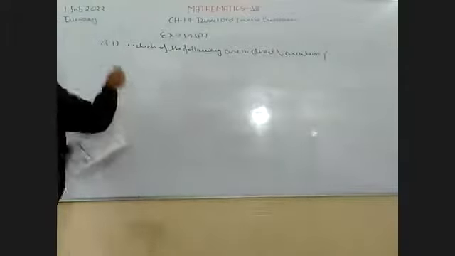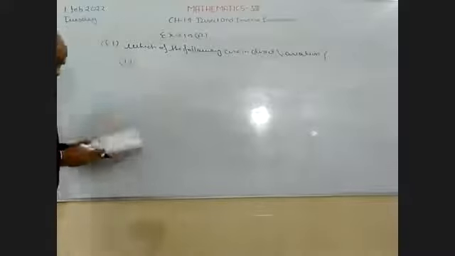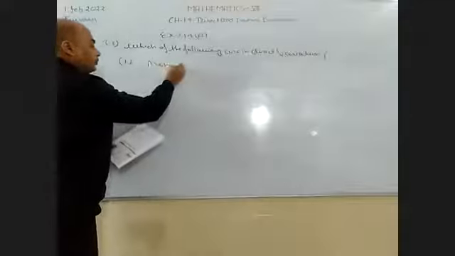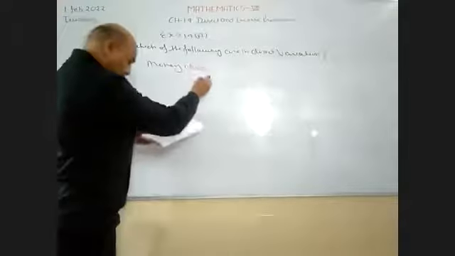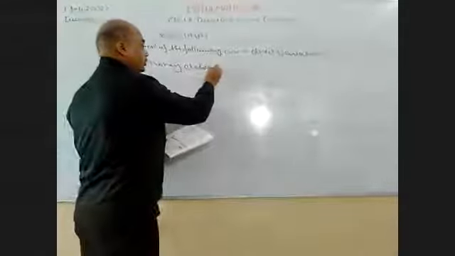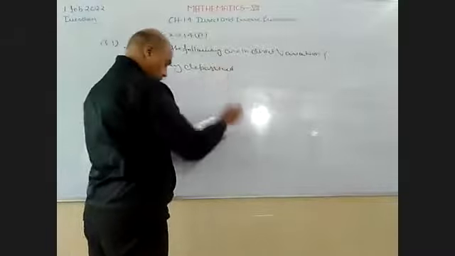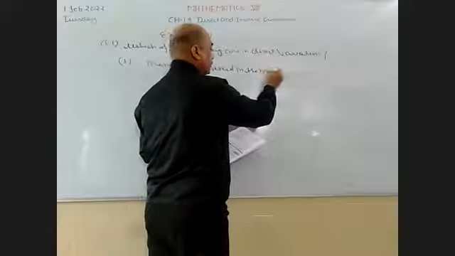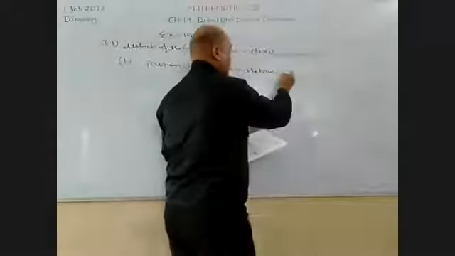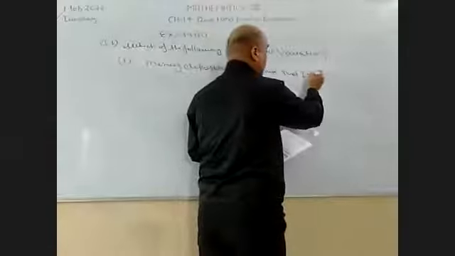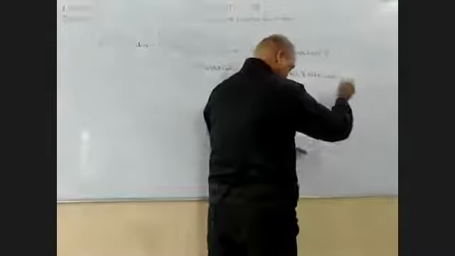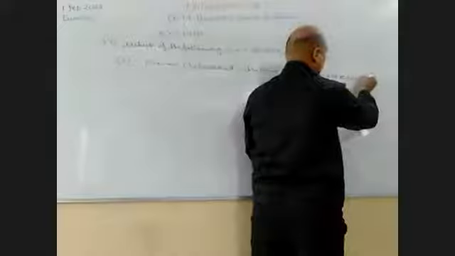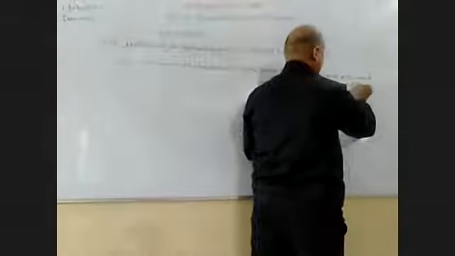Now first question, first part. What is given? Money deposit in the bank and interest earned on it.